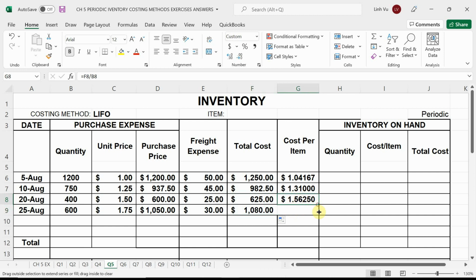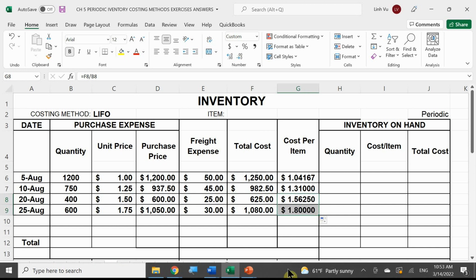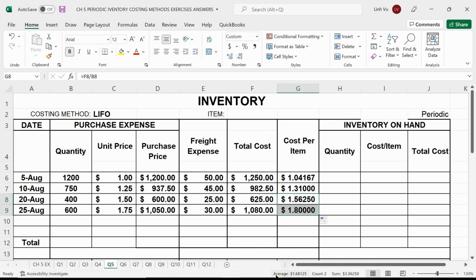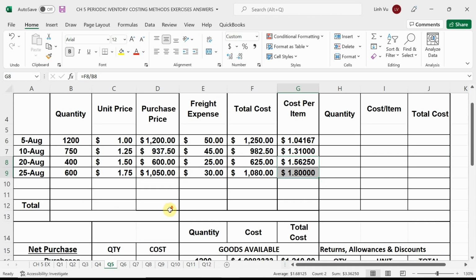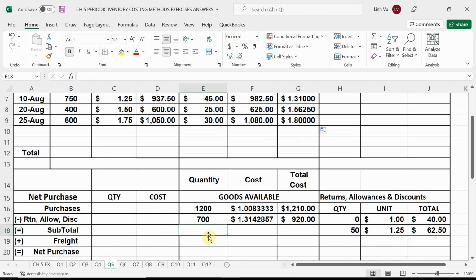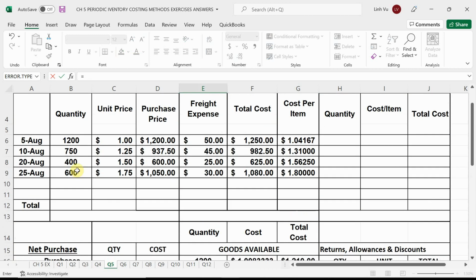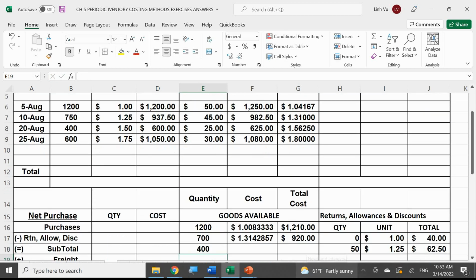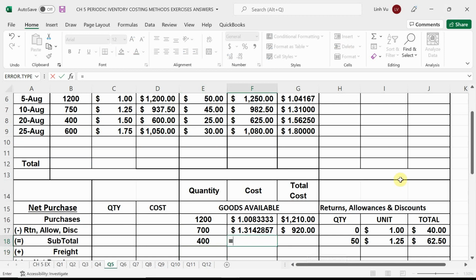What is your cost per item here? $1.80. Yeah, good. So the batch that I purchased on August 20th, no changes were made there. So that is something I need to plug into my goods available. So I'm going to carry these values down here.